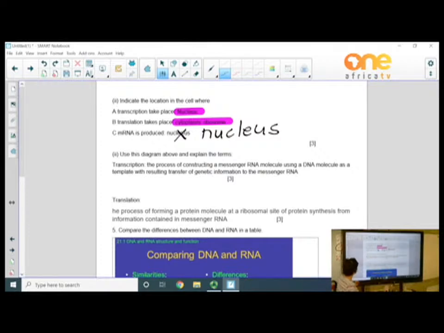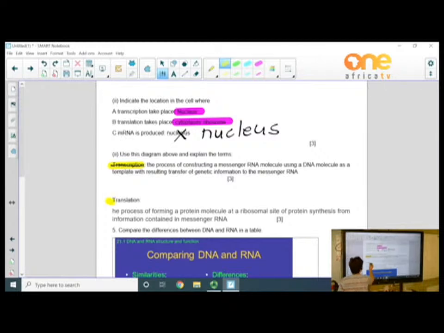Good. Use the diagram above and explain the terms. Transcription: the process of constructing a messenger RNA molecule using a DNA molecule as a template with resulting transfer of genetic information to the messenger RNA.